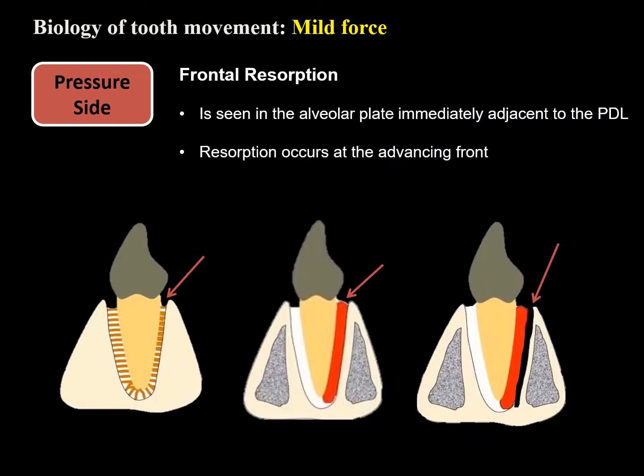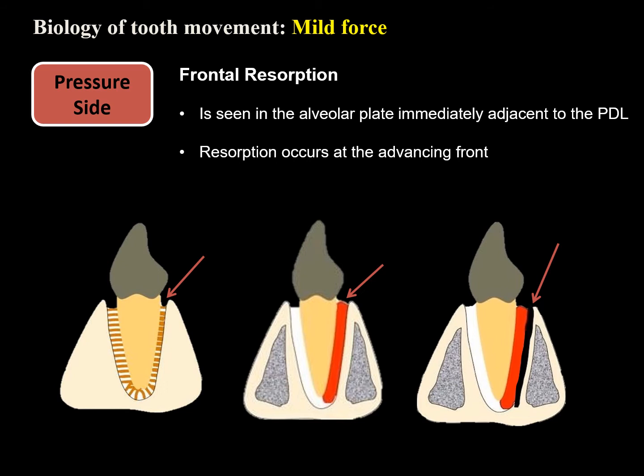The newly created space on the side of the intended movement is what is known as frontal resorption. It is seen in the alveolar plate immediately adjacent to the periodontal ligament, and the resorption occurs at the advancing front, that is, on the side of intended tooth movement.